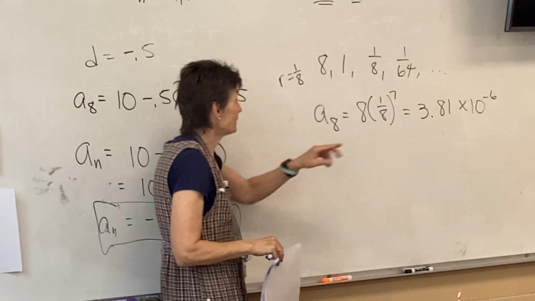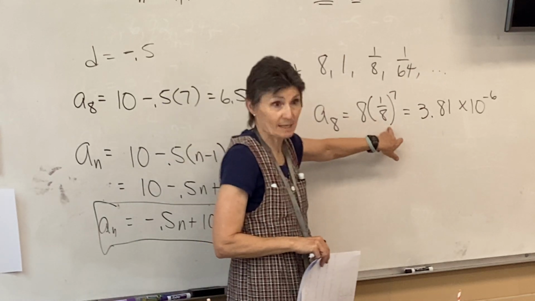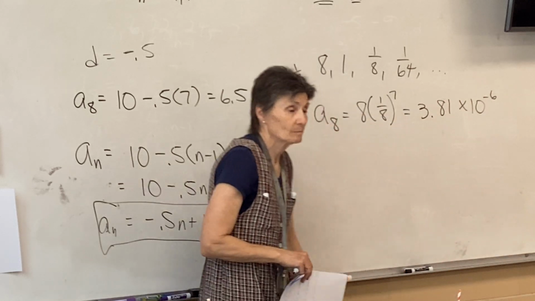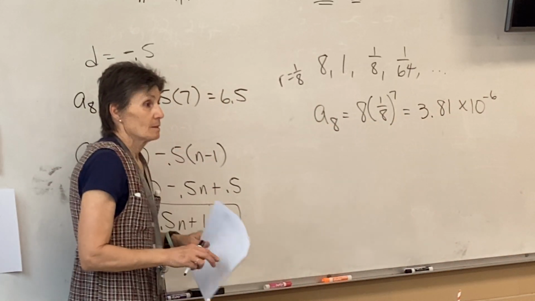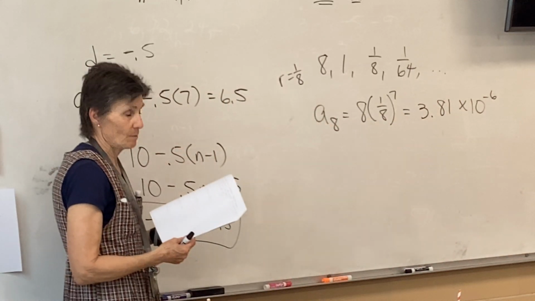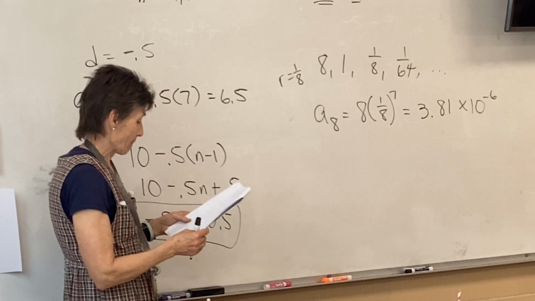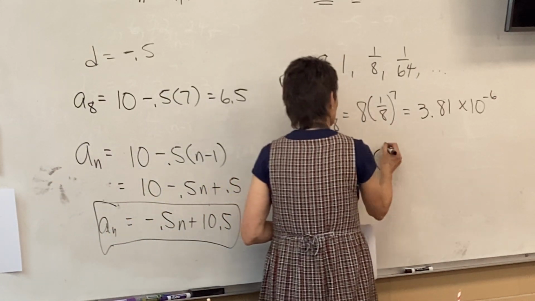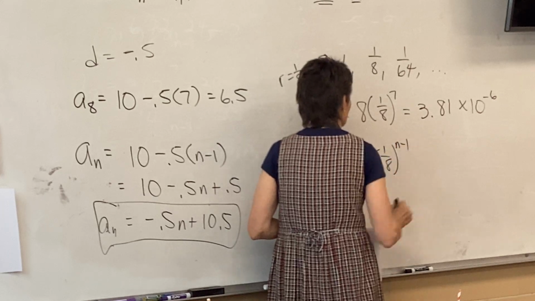And this one, because the ratio is less than 1, is getting closer to 0. Really small. Convergent and going into 0. Our nth term is 8 times 1/8 to the n minus 1.